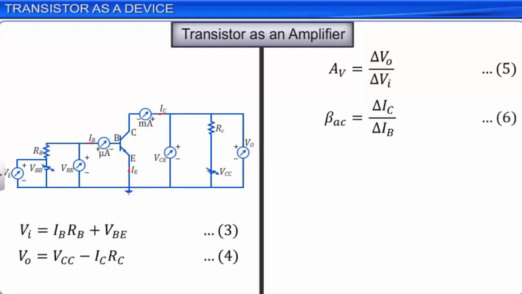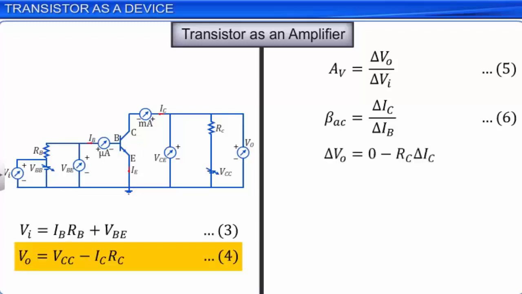Similarly, from equation 3, the small change in voltage delta Vi is equal to RB into delta IB plus delta VBE. But delta VBE is negligibly small in the circuit. Then delta Vi is equal to RB into delta IB. Let this be equation 8.